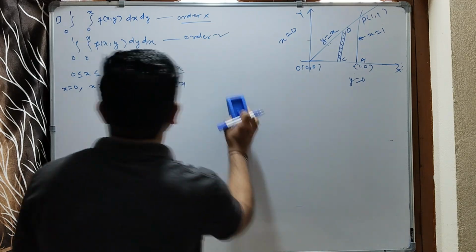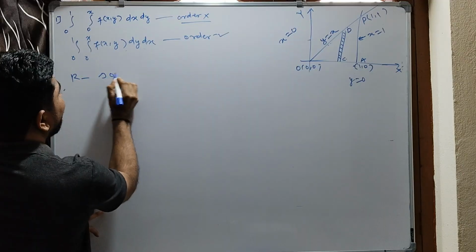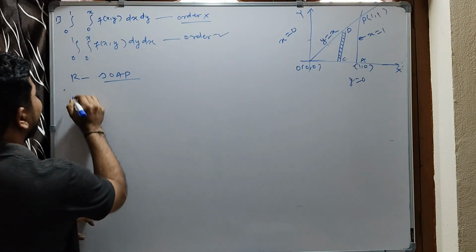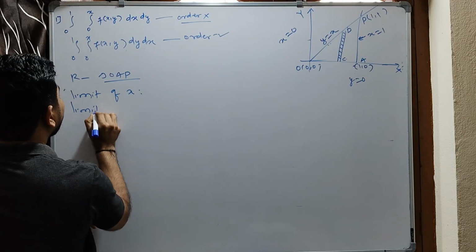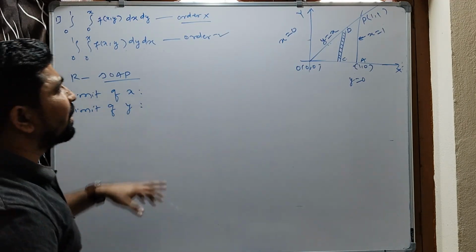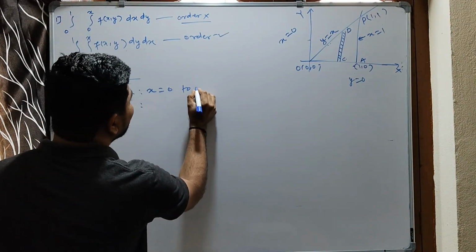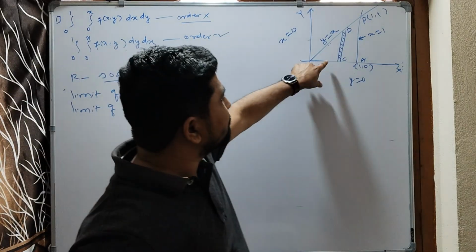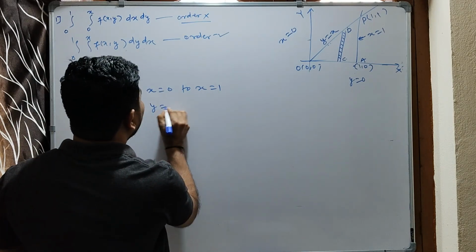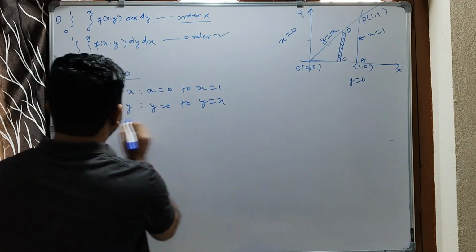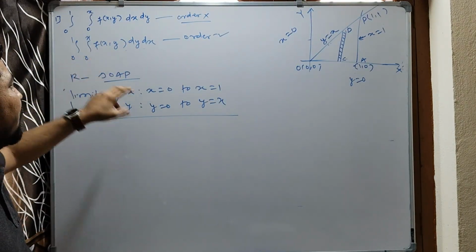Therefore the limits of x are from x equal to 0 to x equal to 1, and the limits of y are from y equal to 0 to y equal to x. These are the limits corresponding to the order dy dx.